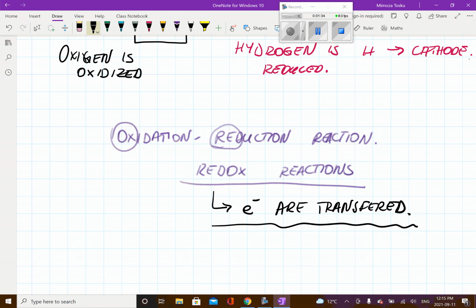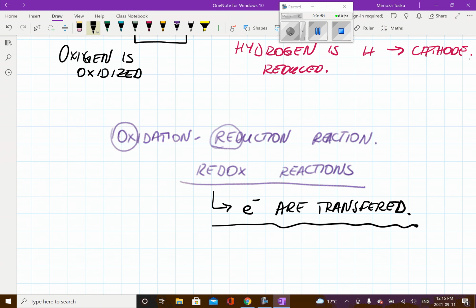It is known as an electron transfer reaction. So during this reaction, as we saw in the previous video, the electrons are transferred from one compound or element to another compound or element.